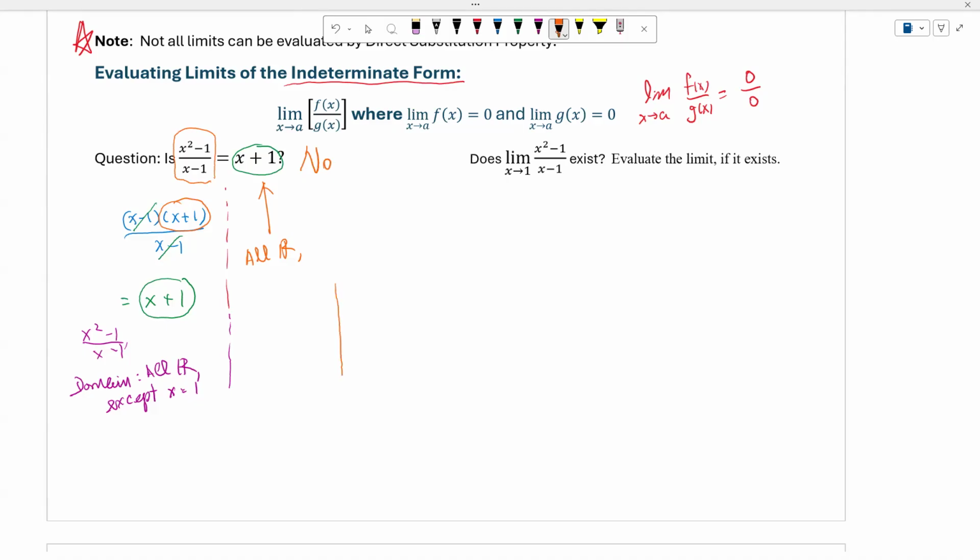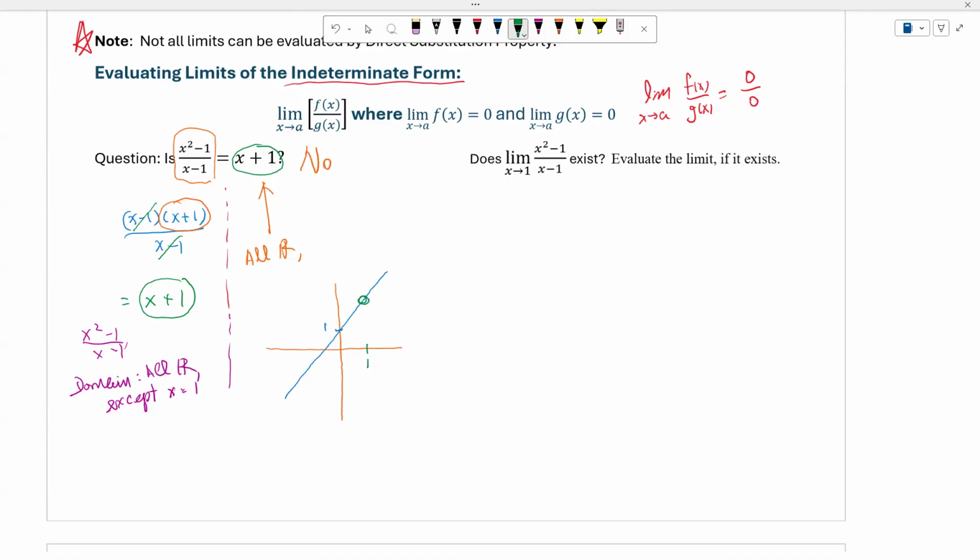So if you look at the graph, the graph will look like this, except when x is equal to 1, what happened? We have an open circle right here.